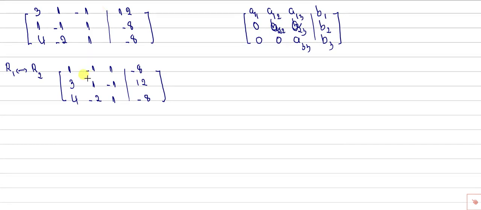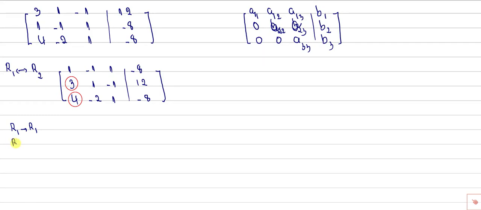So first we should convert the 3 and 4 to 0 by operating with row 1. So I just write row 1 is the same, row 1 gets from row 1.